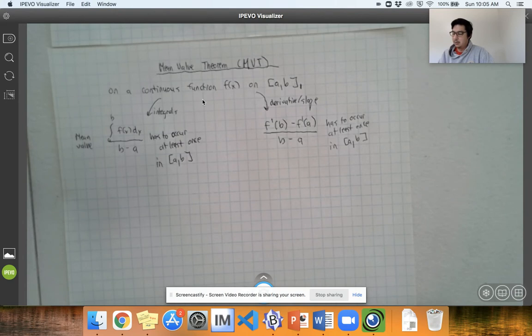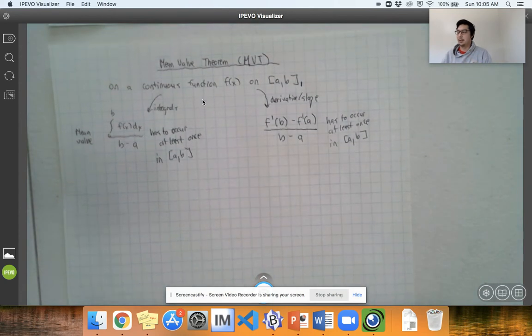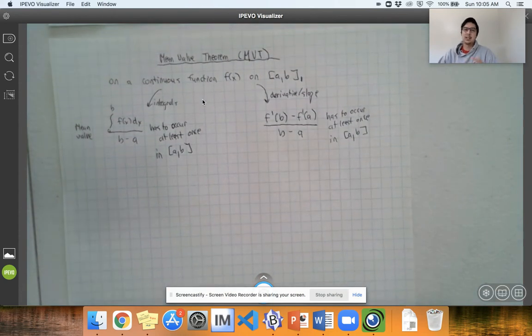Now, what does that mean in non-math language? Say I drive from my home to El Capitan High School. At some point on my drive, I leave my house and I'm obviously at a velocity of 0.